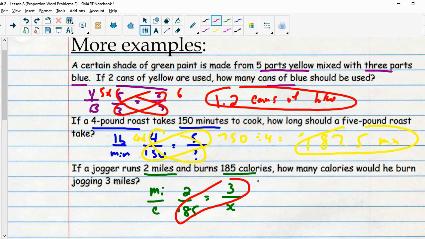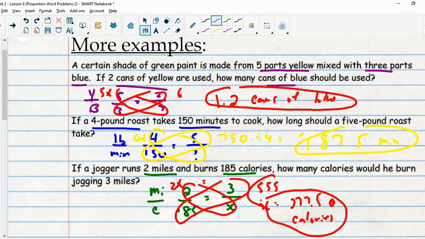It's 555. All right, nice number. 2 times what gives us 555? So I'm going to divide it by 2. 277.5 what? Calories. Now I'll just write down here, calories.